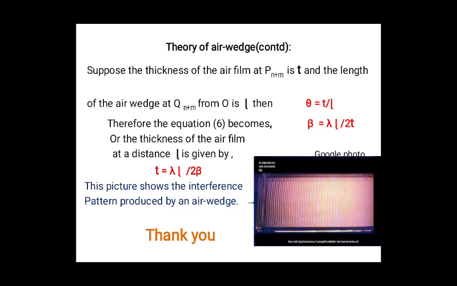Suppose the thickness of the air film at Pn+m is T and the length of the air wedge at Qn+m from O is L, then theta is equal to T by L. Therefore, equation 6 becomes beta is equal to lambda L by 2T, or the thickness of the air film at a distance L is given by T is equal to lambda L by 2 beta, where lambda is the wavelength of monochromatic light, L is the length of the air wedge, and beta is the fringe width.